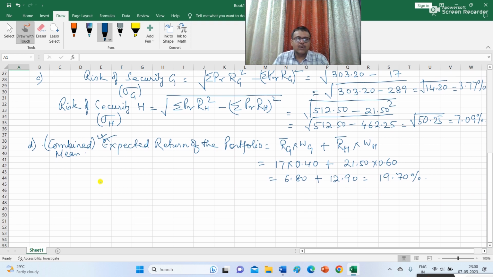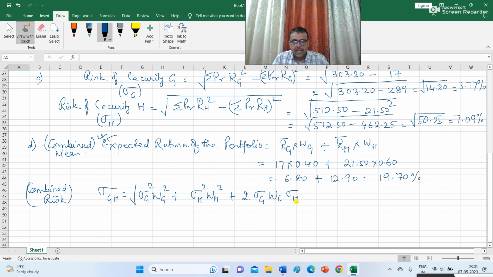Now the last part we are going to calculate is the combined risk. Combined risk is basically the standard deviation, that is sigma GH. So I have already written the formula here: sigma G square multiplied with WG square plus sigma H square multiplied with WH square plus 2 sigma G WG sigma H WH multiplied with the correlation coefficient of GH.